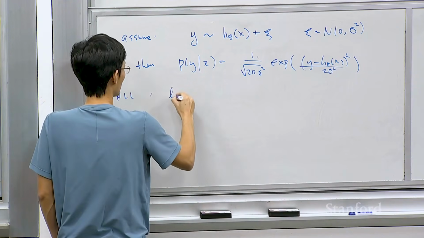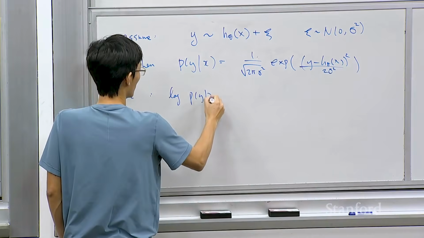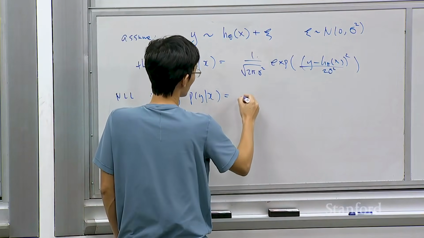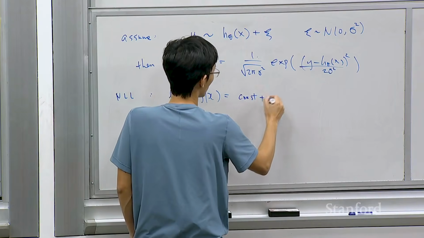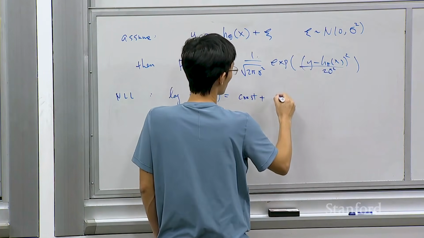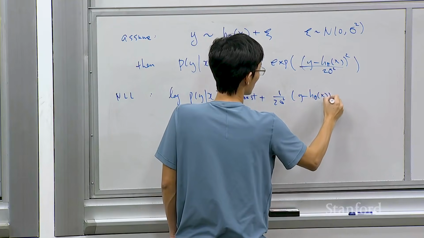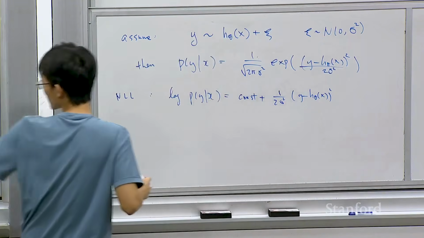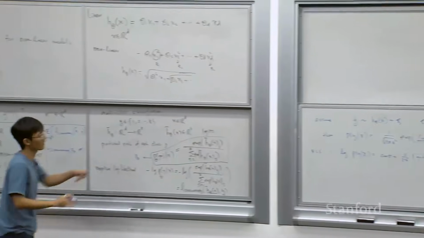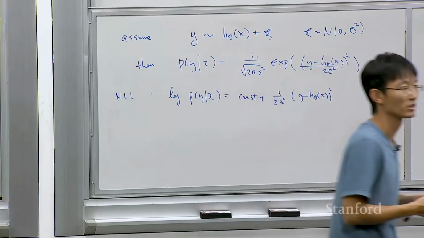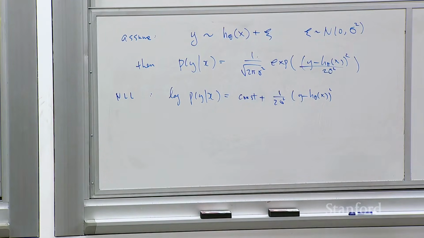So the log of P(y given x) has some constant, which you get when you take the log, which doesn't really matter. And you get the log of this, which is 1 over 2 sigma squared times (y minus h_theta(x)) squared. So then it's kind of like this, right? The scaling doesn't really matter because it doesn't change the optimization fundamentally. Sounds good.